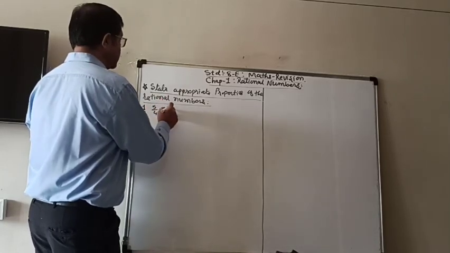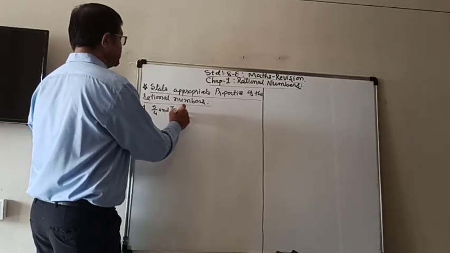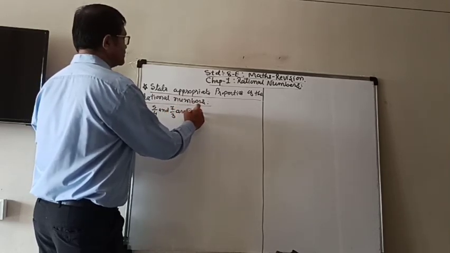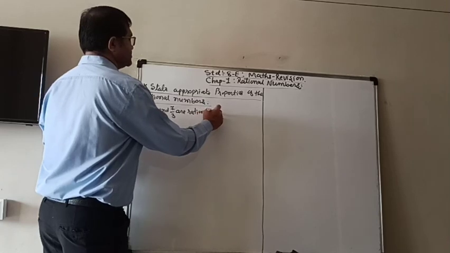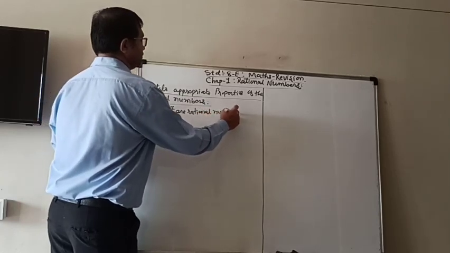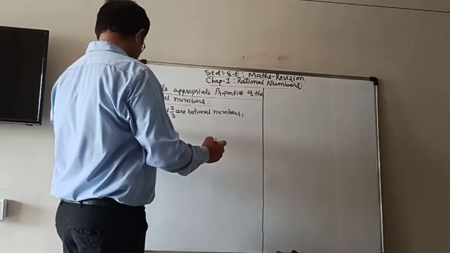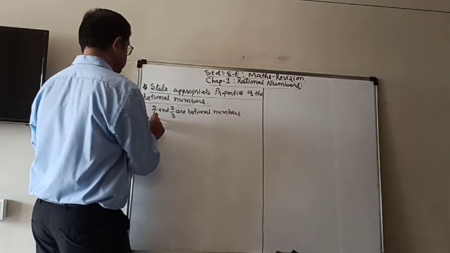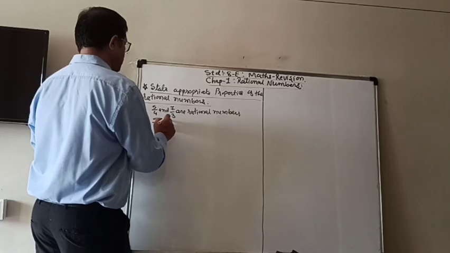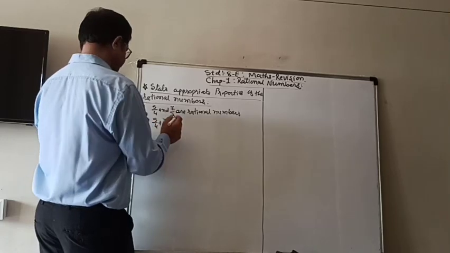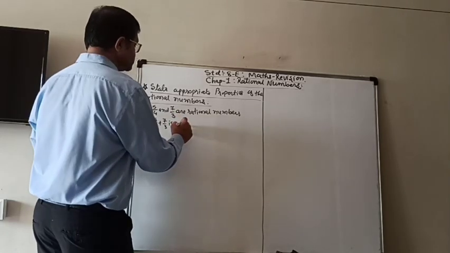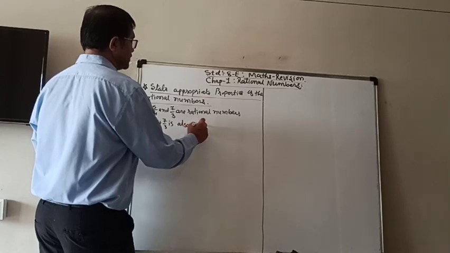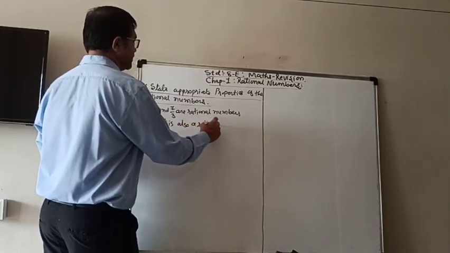First one. 5/4 and 7/3 are rational numbers. Therefore, 5/4 plus 7/3 is also a rational number.